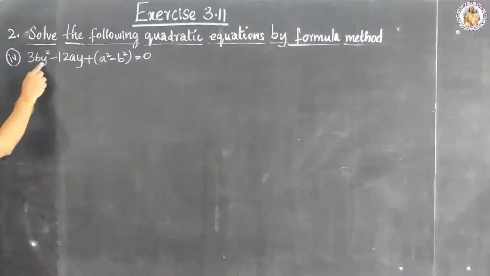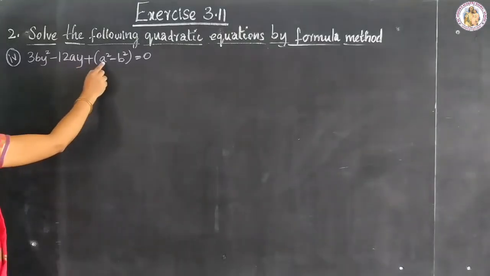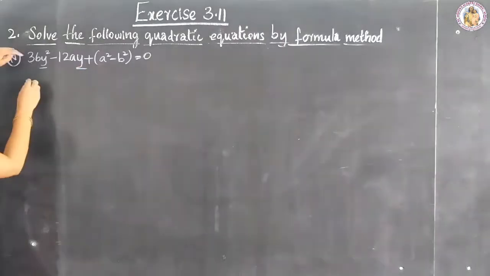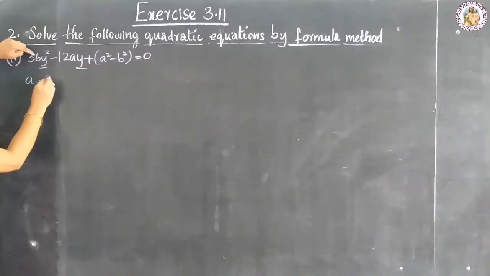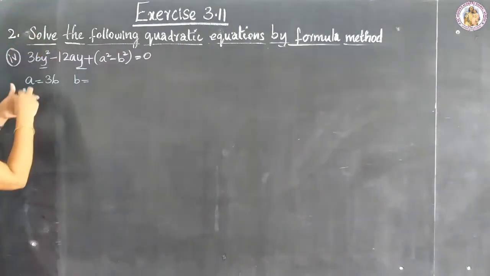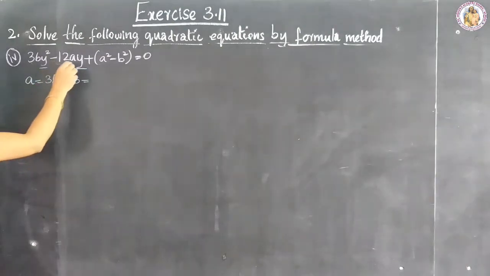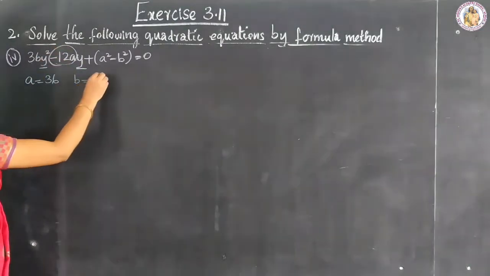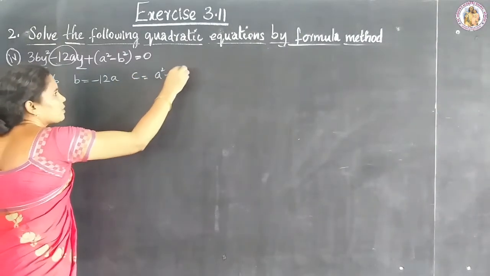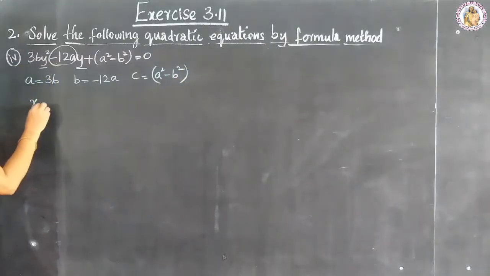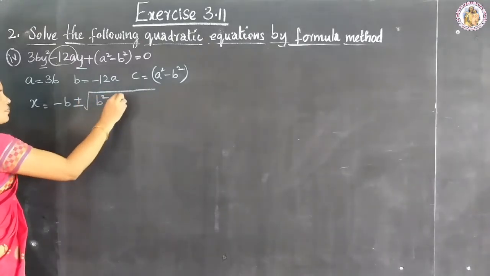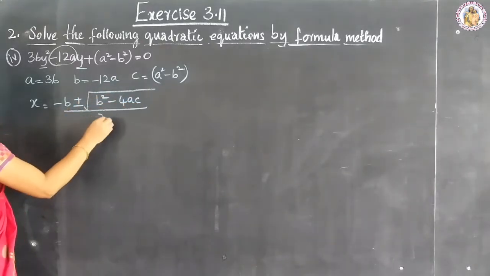Question number 4. 36 y square minus 12ay plus a square minus b square. Here we have y as common. So now take a is equal to 36 and b is equal to minus 12a, and c is equal to a square minus b square. Now x is equal to minus b plus or minus square root of b square minus 4ac by 2a.